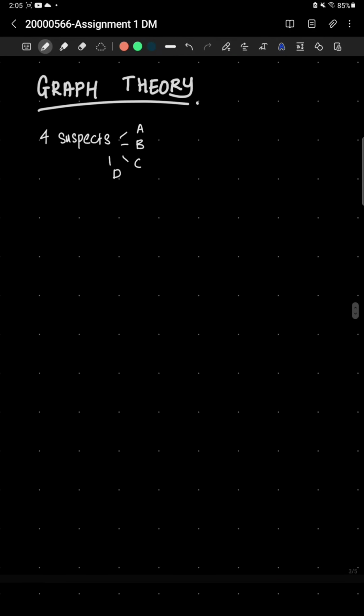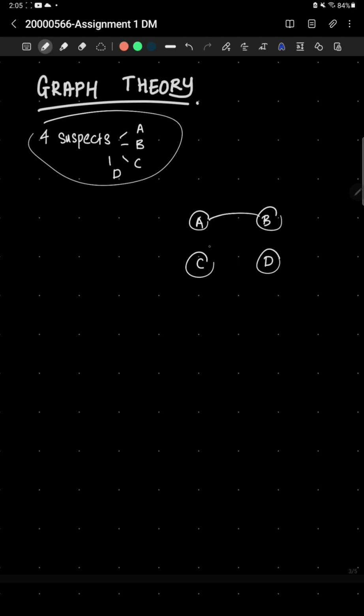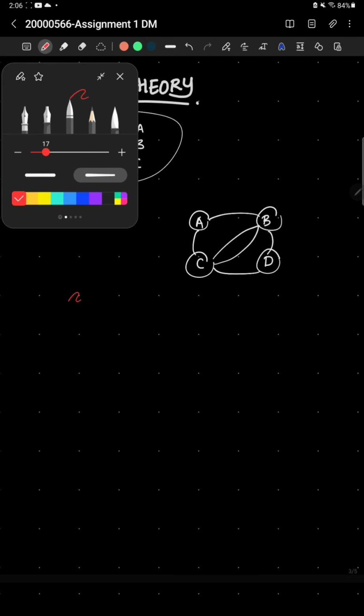Okay, let me explain first about graph theory. Since we have 4 suspects, A, B, C, and D, I sketch first A, B, C, and D, and the graph will look like this, maybe like this, maybe like this, whatever. I want to explain first about the thing here.